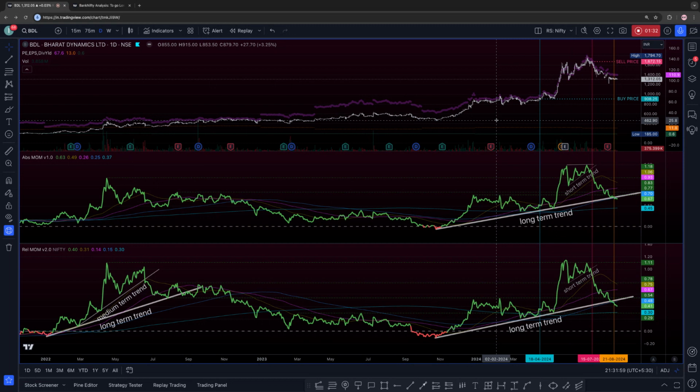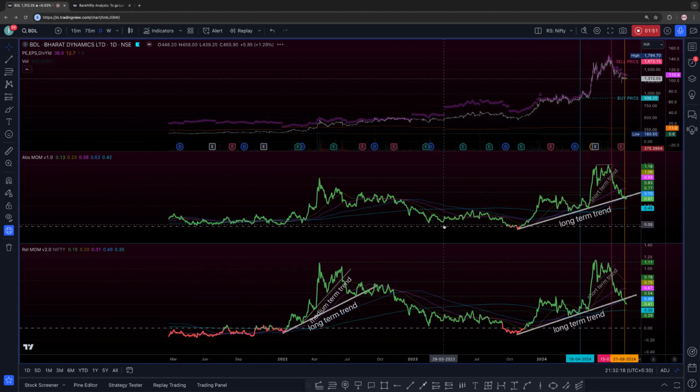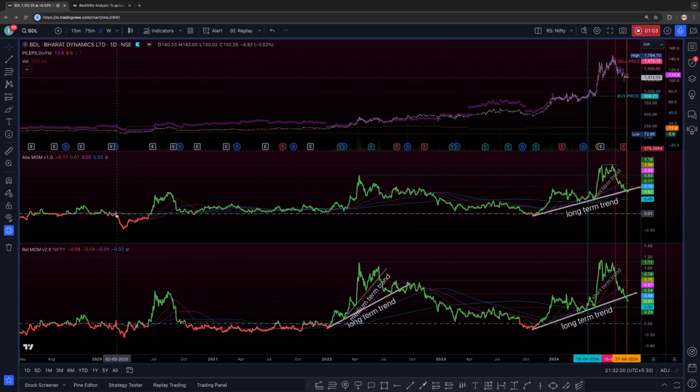So let's move on to the absolute momentum indicator, which is the middle part of this chart template. As the name suggests, it gives the actual momentum of the stock by itself. So it is either in green or red. Whenever the momentum goes negative, it means the momentum is quite bad, and you can see a negative price action on the price chart.